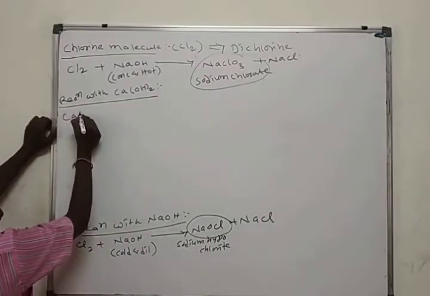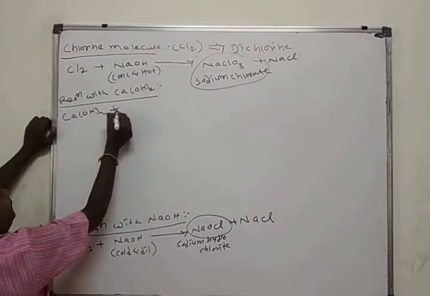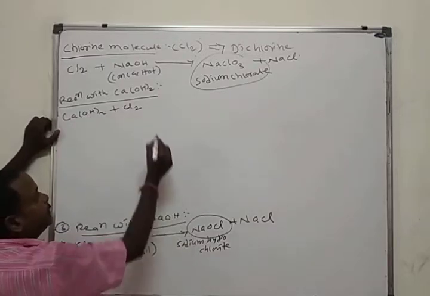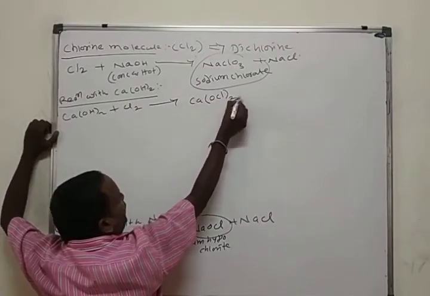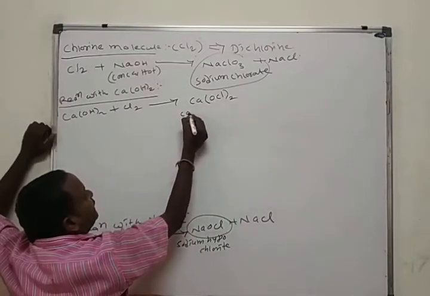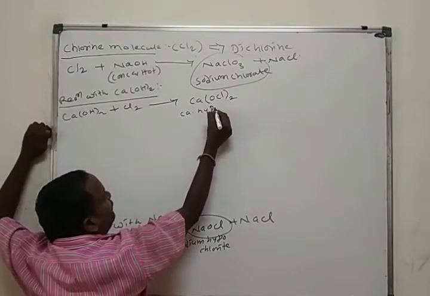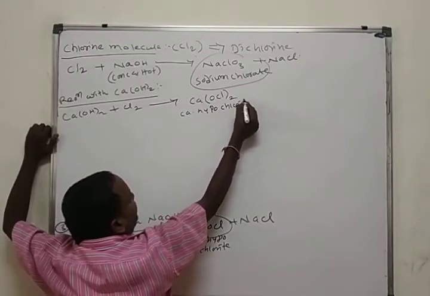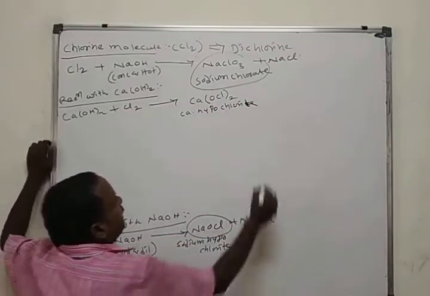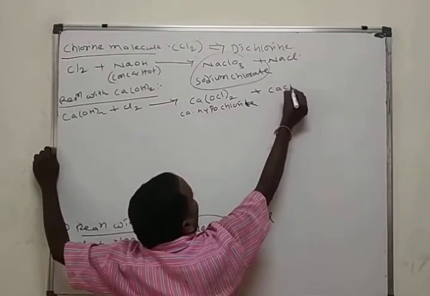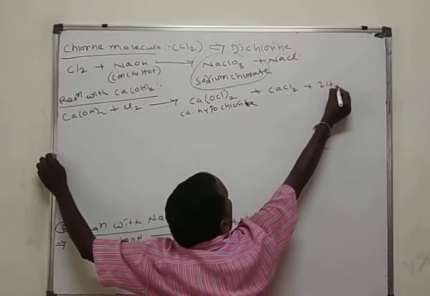When calcium hydroxide reacts with chlorine, we get calcium hypochlorite along with calcium chloride plus 2H2O.